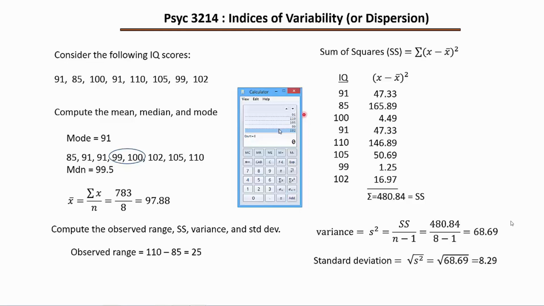Okay, so I have all the values entered here, the count here, the sample size is 8, and now to get the mean, I just select the mean key. And there it is, 97.875 or 97.88.